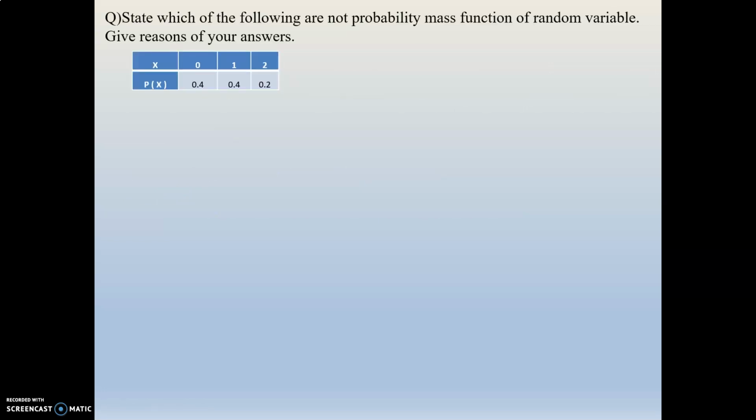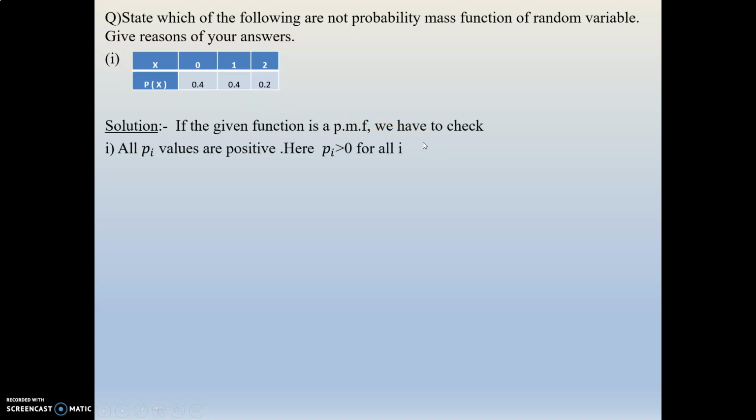State which of the following are not probability mass functions of a random variable. Give reasons for your answers. So the first question: the table is given here, x is 0, 1, 2, probability of x is 0.4, 0.4 and 0.2. To check whether the given function is a probability mass function, we have to check that all pi values are positive.